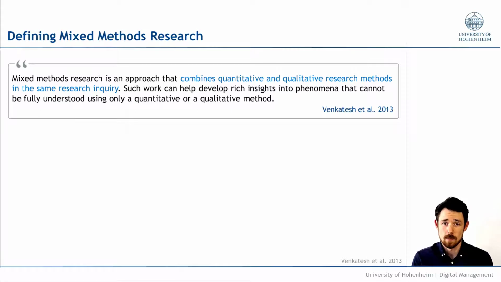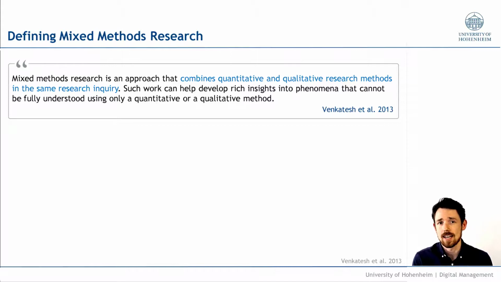Now, what's missing from answering the question what mixed methods research is, is a definition. Here is a definition from Venkatesh and colleagues. Mixed methods research is an approach that combines qualitative and quantitative research methods in the same research inquiry.